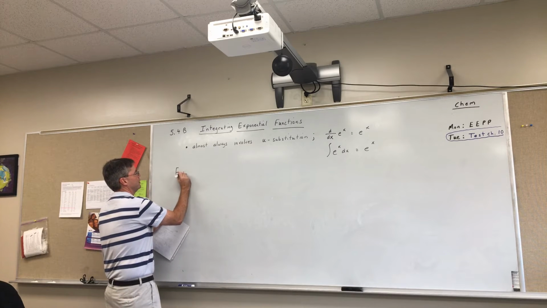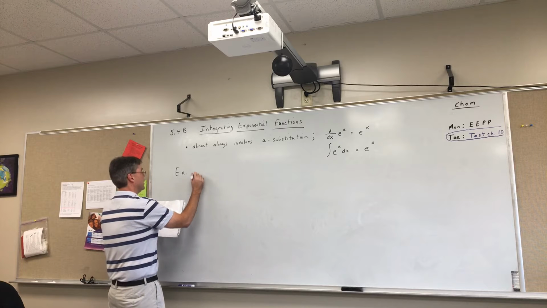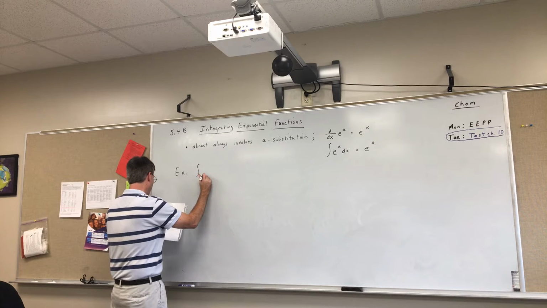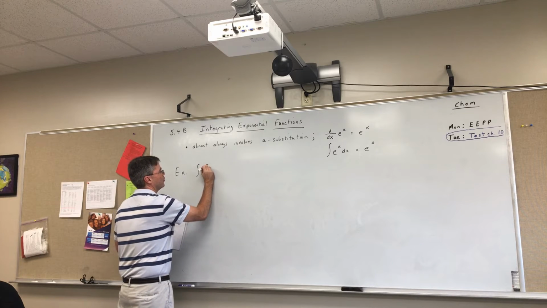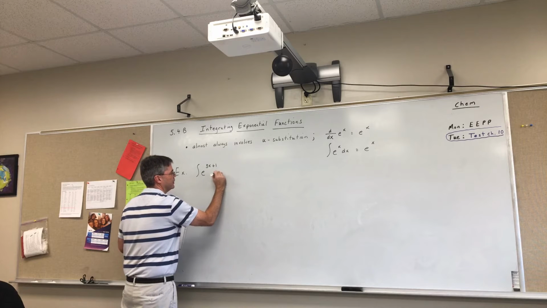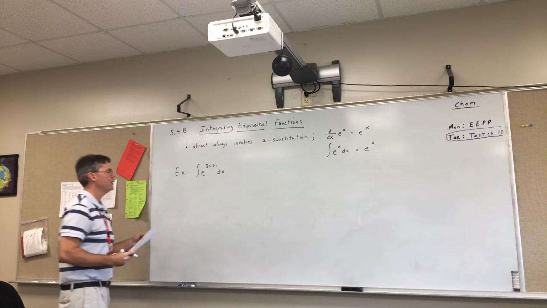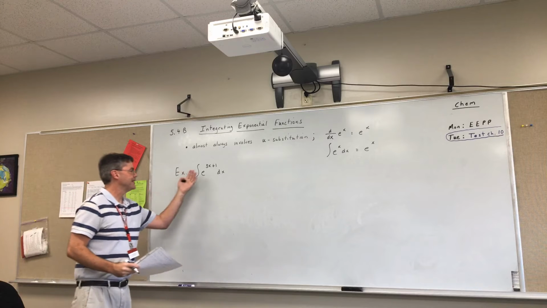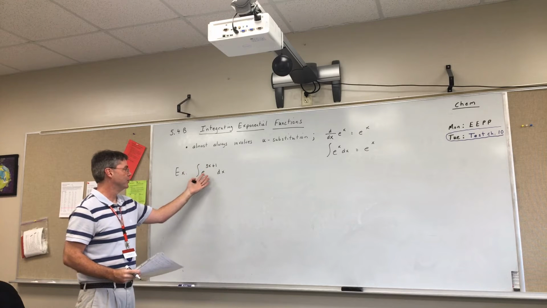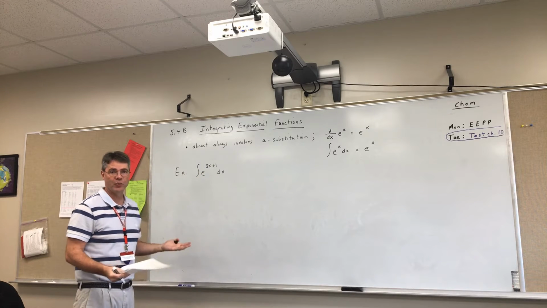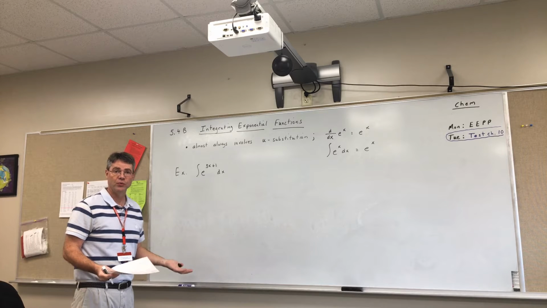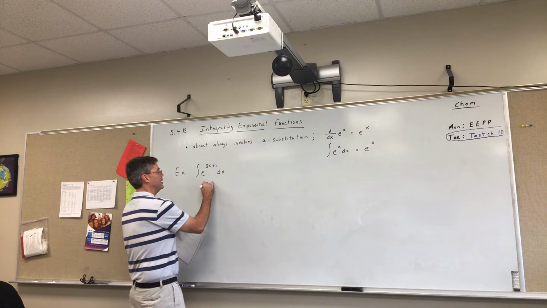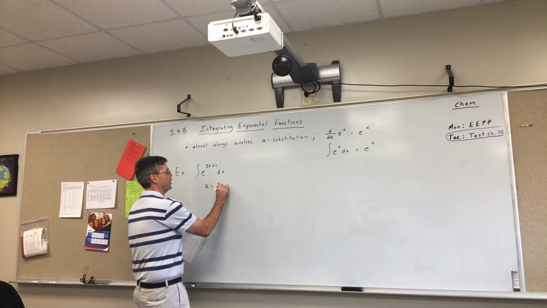Our first one is let's integrate e to the 3x plus 1 dx. Alright, if we can make this e to the u du, then the antiderivative of that is just e to the u. So let's let u be 3x plus 1.